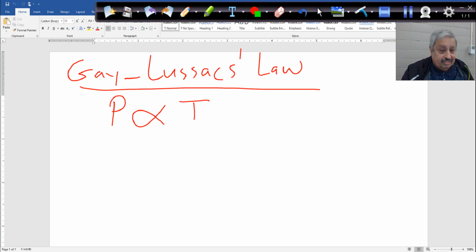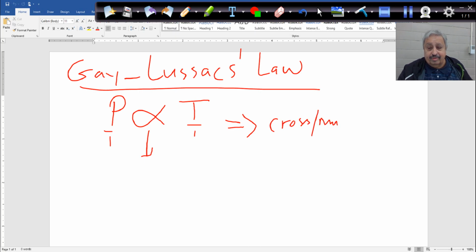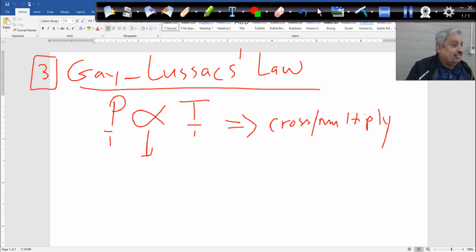So cross multiply, this is over 1, this is over 1. Cross multiply, get this one to equal, correct? I did not count how many laws until now. This is number 3, correct? Number 3: Boyle's, Charles', Gay-Lussac's.